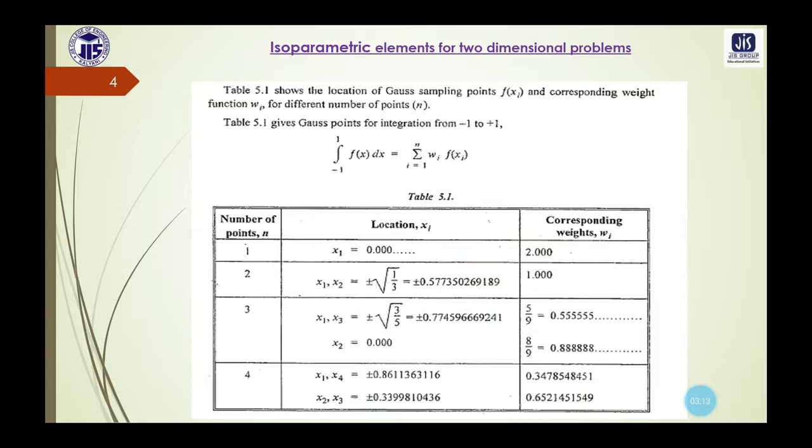If the number of sampling points is 2, we need to find w1 f(x1) and w2 f(x2), and finally add those two values to get the final result. So this is the procedure to solve different numericals with the help of Gaussian quadrature. Let us discuss different numericals based on this concept.